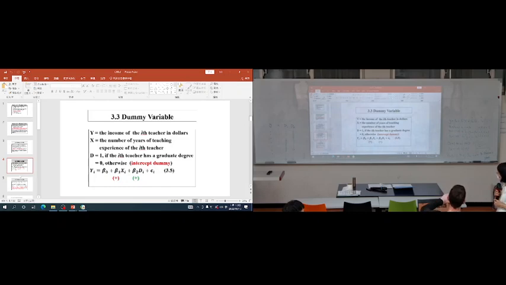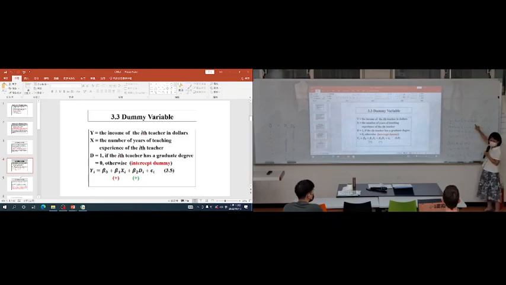So for the example of the degree, one means you have it, PhD. For Masters, 0, you don't have it. That's what you call intercept dummy. When I say intercept dummy, this is called dummy, and all these coefficients affect the intercept only.